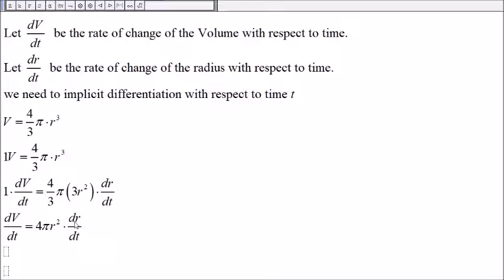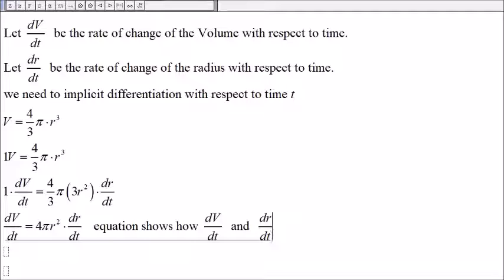And then we get pi r squared. And so this equation right here shows how dV/dt, the rate of change of the volume with respect to time, and dr/dt, the rate of change of the radius with respect to time, are related.